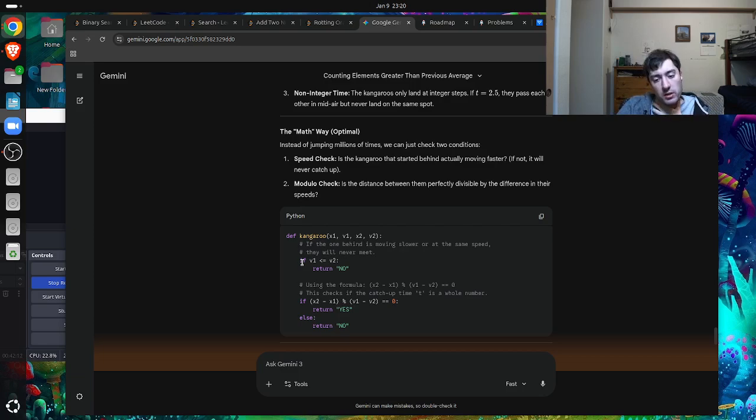Using the formula here, so x2 minus x1, the difference in their starting positions, modulo the difference in their speed, that equals 0.